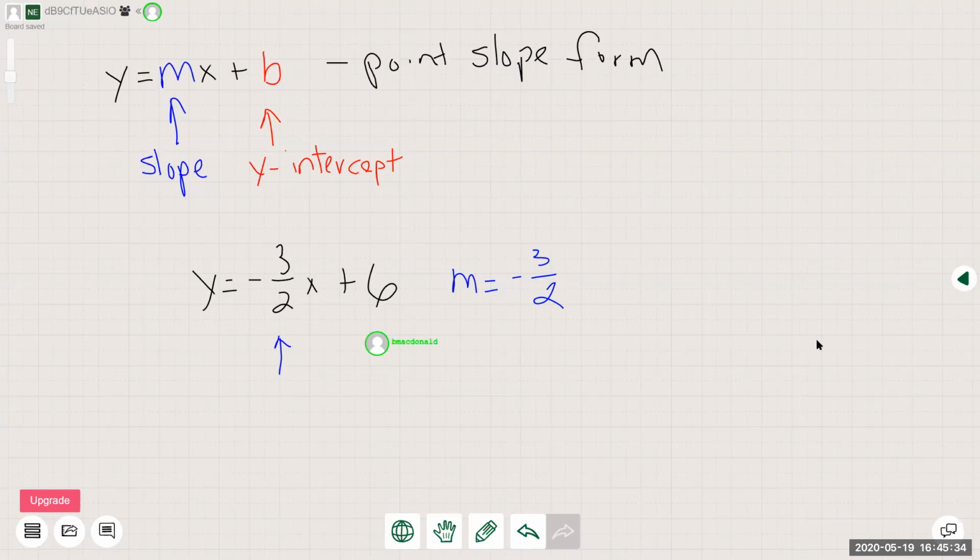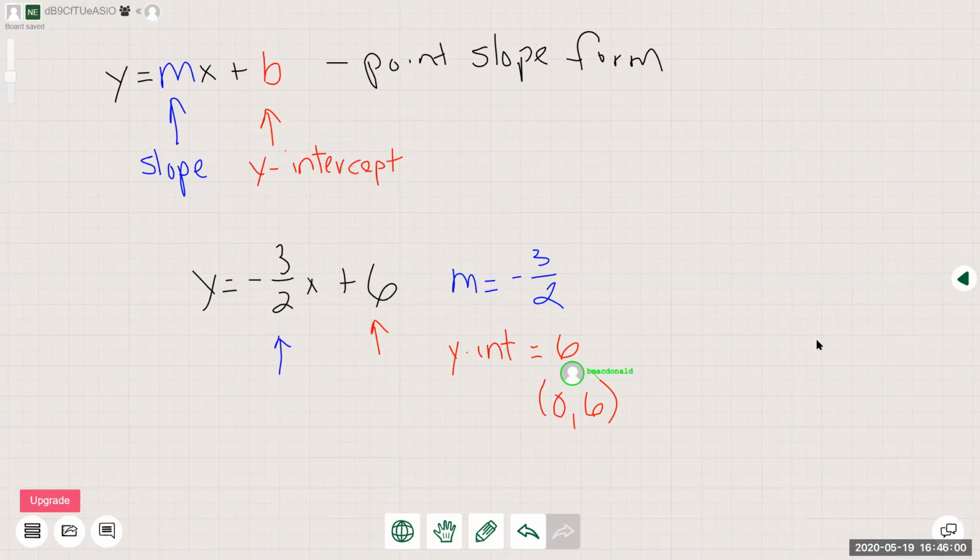Our y-intercept is 6. So that means at the point of 0, 6, we're going to meet the y-axis. So we could graph that by graphing that point and then going down 3 and to the right 2. And then we would have what our line looks like.